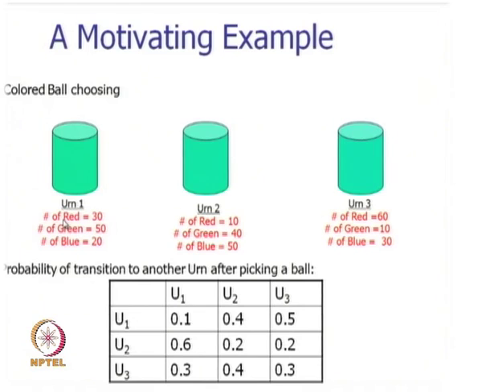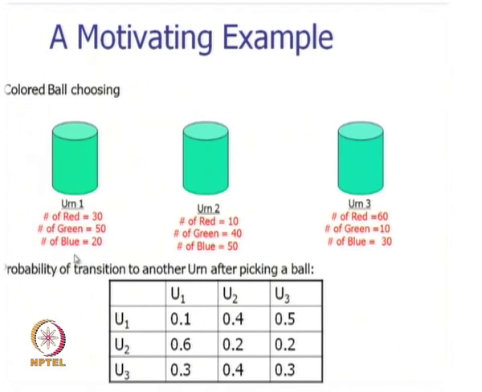You can see that if you sum these numbers horizontally, red 30, red 10 and red 60, that means the total number of red balls is 100, which are distributed amongst the 3 urns. Similarly, the total number of green balls is also 100, distributed as 50, 40 and 10 in the 3 urns respectively.